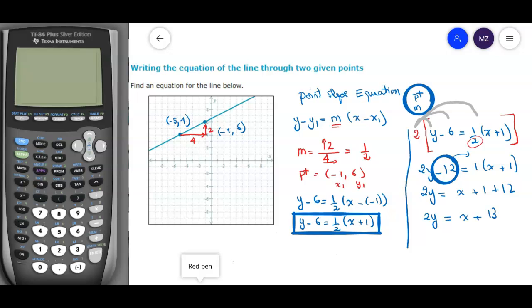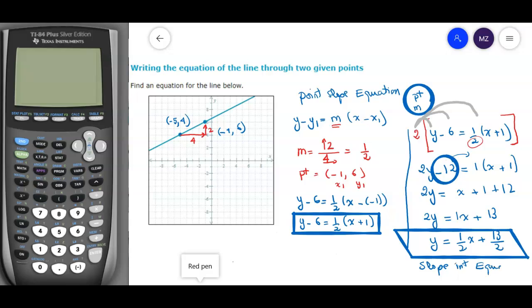Then divide everything by 2, so y equals 1/2 x plus 13 over 2. This is the slope-intercept equation, or form, in case they ask you for it, and the other is the point-slope equation.